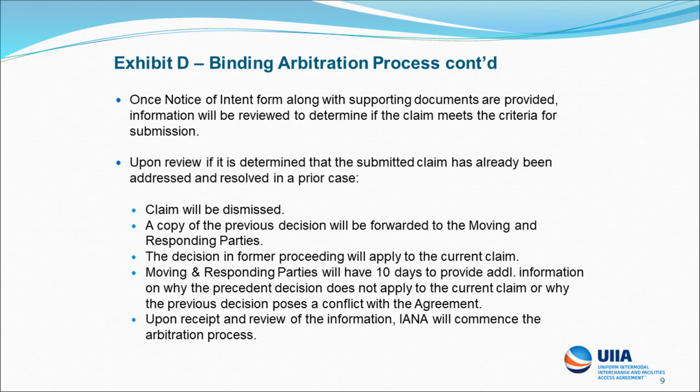And we'll forward that to both parties and let them know that that decision's already been rendered. Each party would then have 10 days to provide any additional information as to why they do not think the prior case decision is applicable to the current claim that they're wishing to submit for binding arbitration.